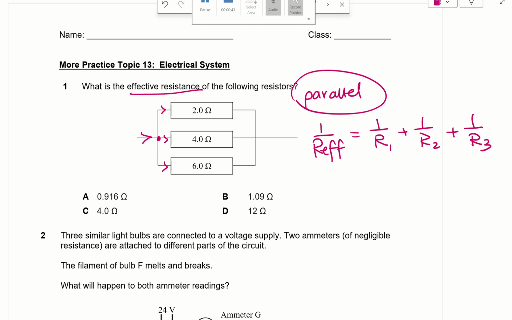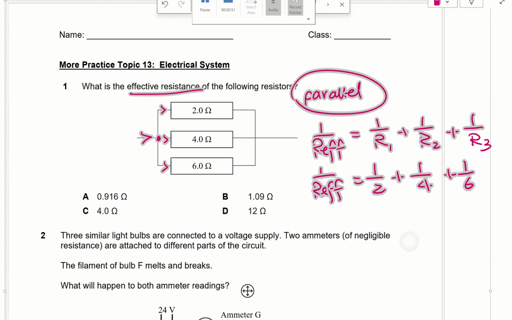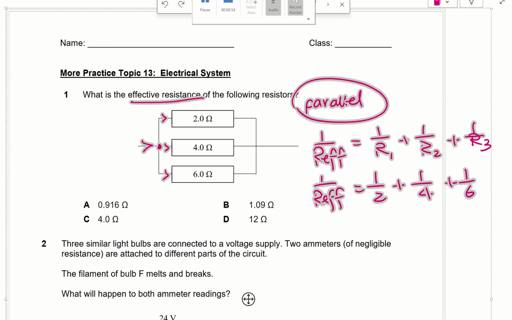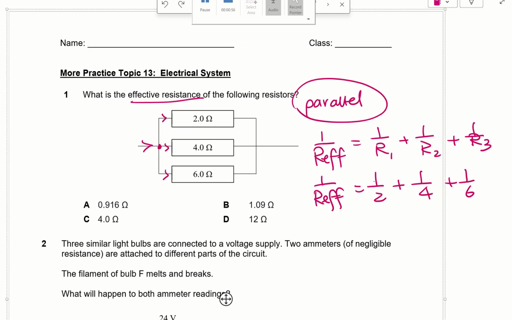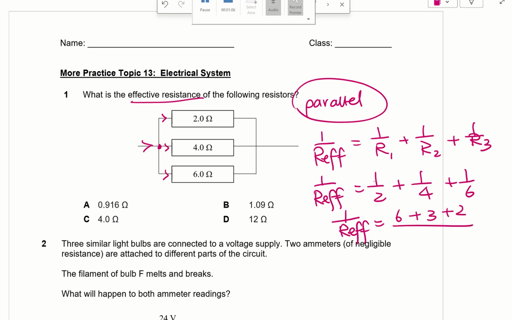Okay, so the effective resistance, I just put in sequence, 1 over 2 plus 1 over 4 plus 1 over 6. So again, if you have a calculator, it will be much easier. This will be 6 plus 3 plus 2 over 12.